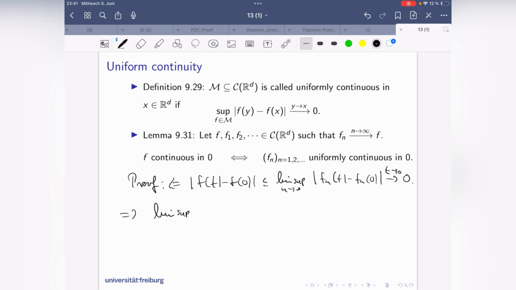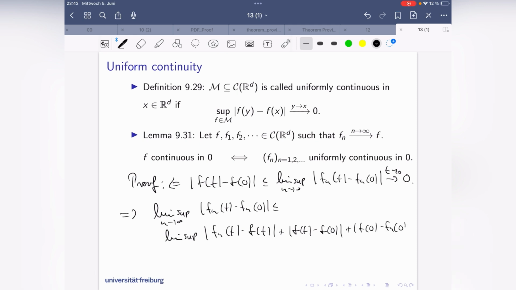Lim sup as n goes to infinity of fn of t minus fn of 0 is less or equal than the lim sup of fn of t minus f of t, plus f of t minus f of 0, plus f of 0 minus fn of 0.